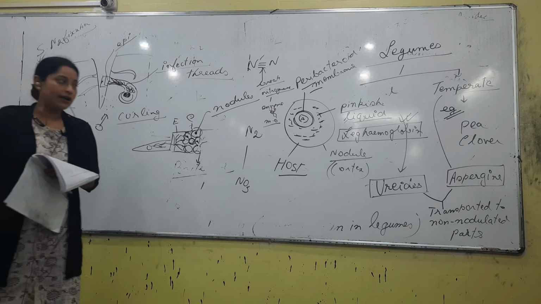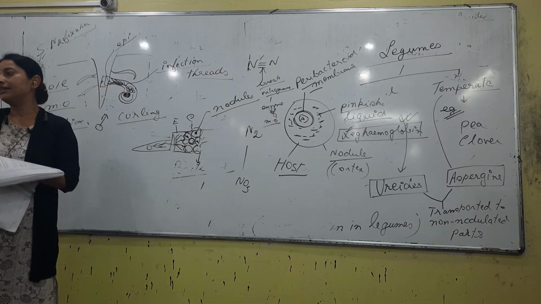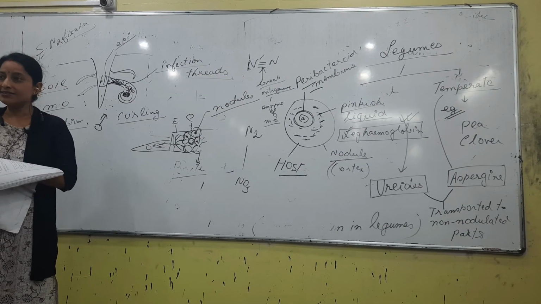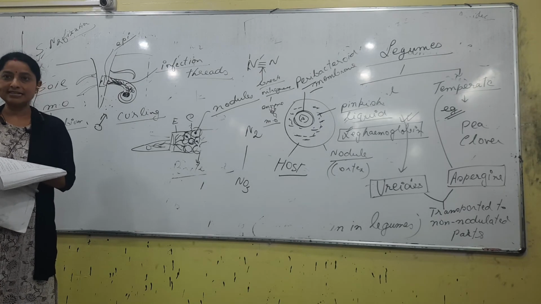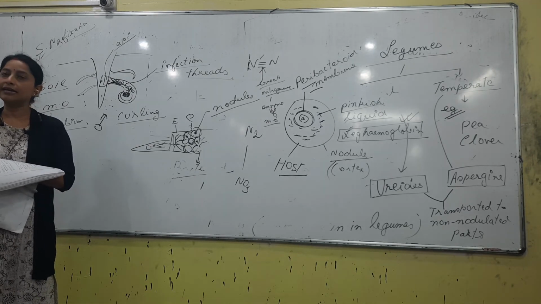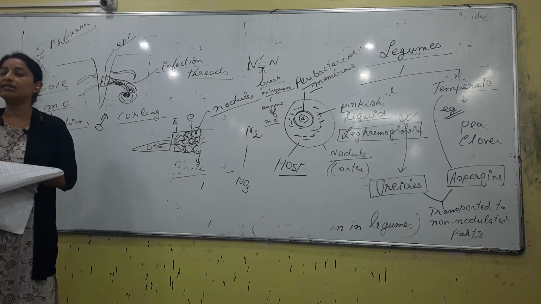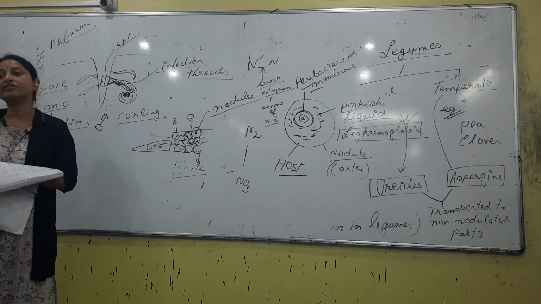Clear? The nitrogenase enzyme becomes deactivated or degenerates in the presence of oxygen. That is the reason why anaerobic condition is necessary. As soon as nitrogenase comes in contact with oxygen, it will break down. The most important enzyme in the bacteria for nitrogen fixation is nitrogenase. If it breaks down, how will nitrogen fixation happen?